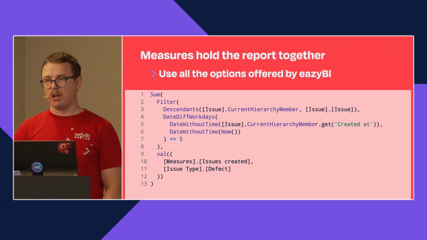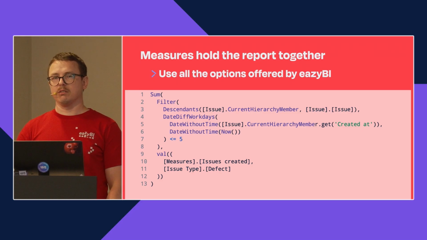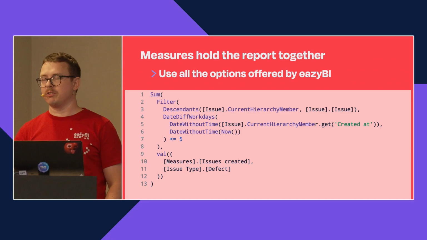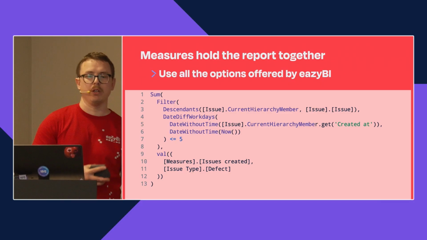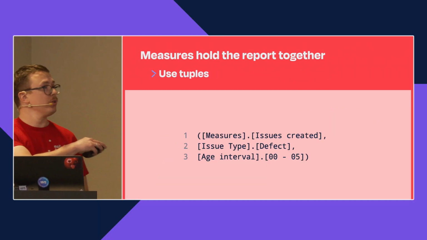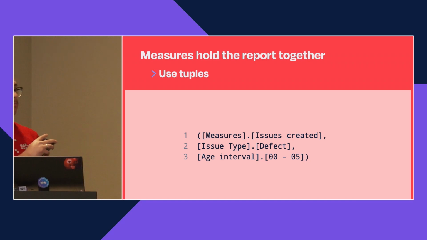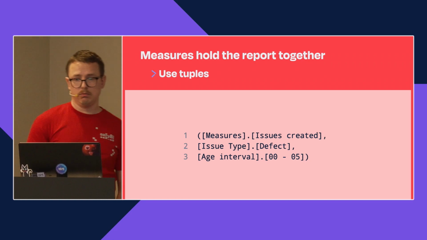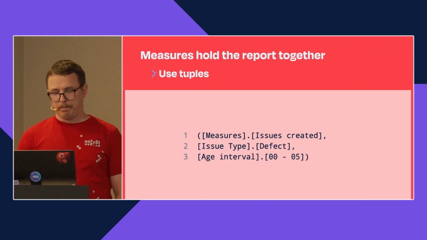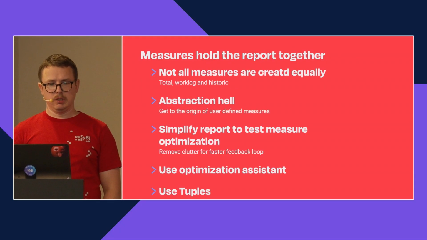You can get a lot of information out of those, well, you could say, gems of eazyBI. So instead of iterating through issues, you could get by with a simple fast tuple. And that's in summary about measures.